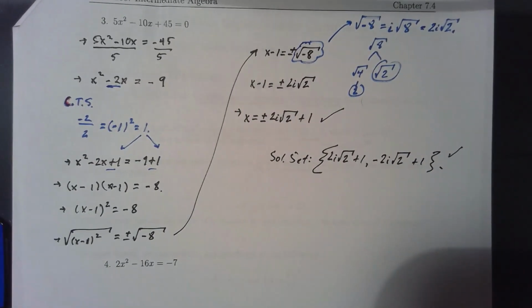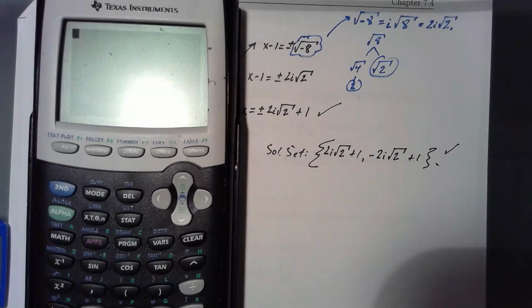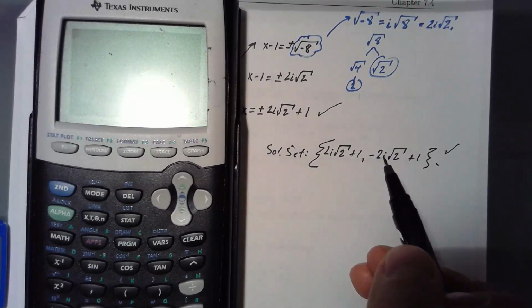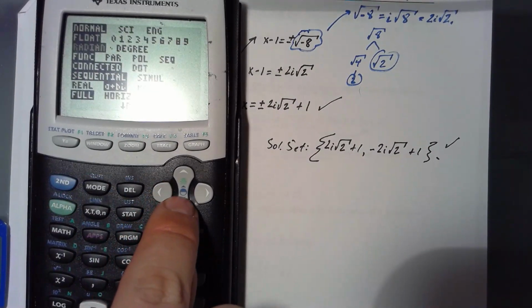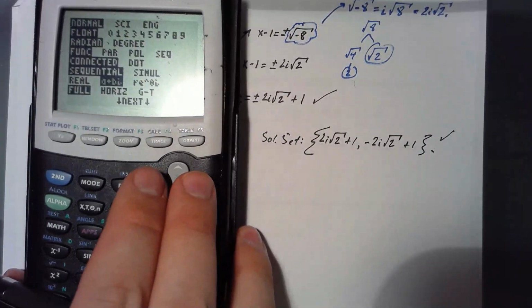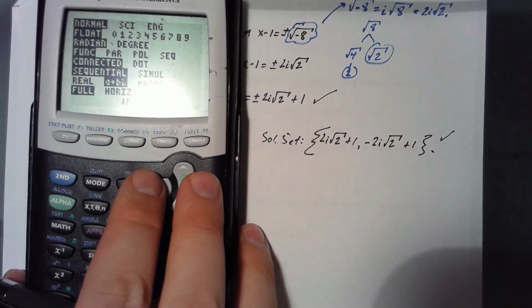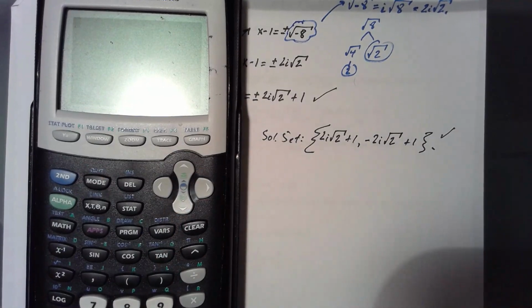So, yeah, if you want to check that, what's the first thing you should do in your calculator? You should put it in imaginary or complex number mode. How do you do that again? Go to mode. Hey, look at that. If you go down here, see how it's real, a plus bi, that's complex number mode. It was already in that, so I'm good. So if you just type in these numbers, 2, remember the imaginary number is on the decimal button.